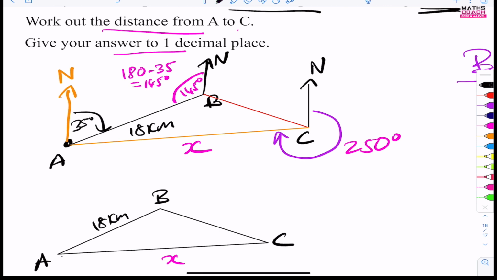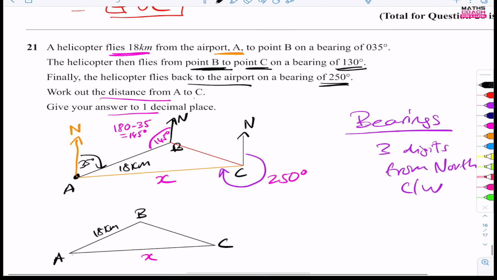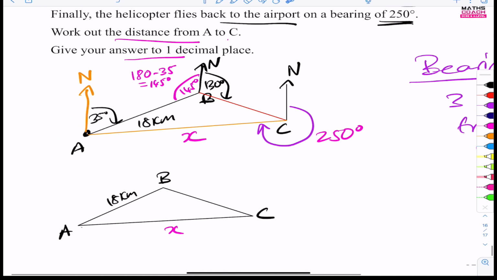Now, I forgot to do this earlier. So this is 130 degrees because it said from B to C is 130 degrees. I should have put that in earlier, I'm sorry about that, but it's there now. So therefore, what's this angle here? Well, this is all going to equal 360.